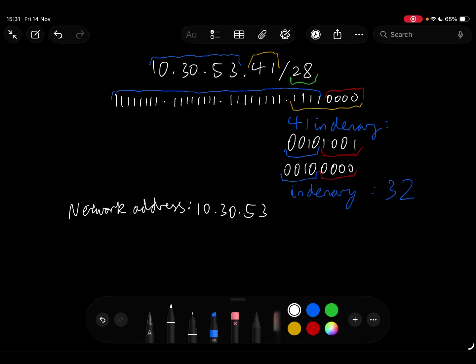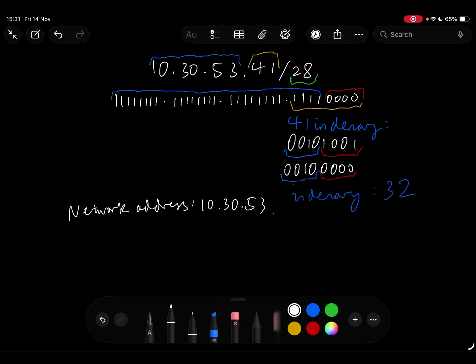None of that changes for this particular subnet. But this last octet is going to be 32. So this identifies the network. This is our network identifier, or subnet identifier.